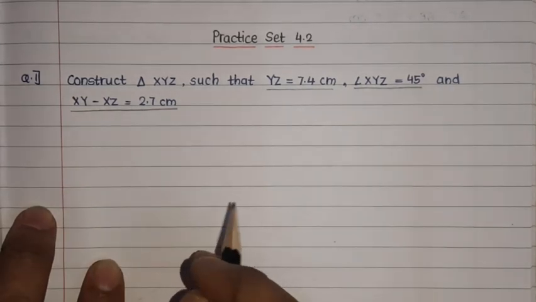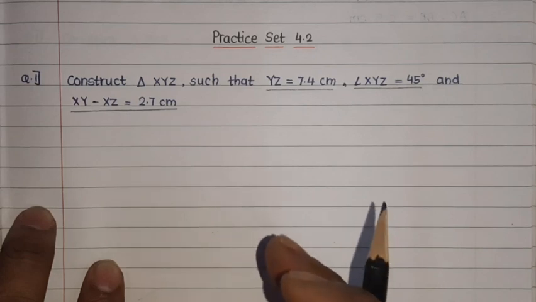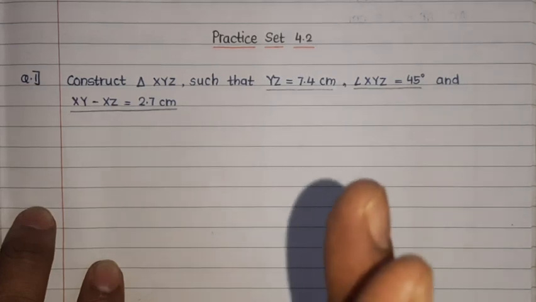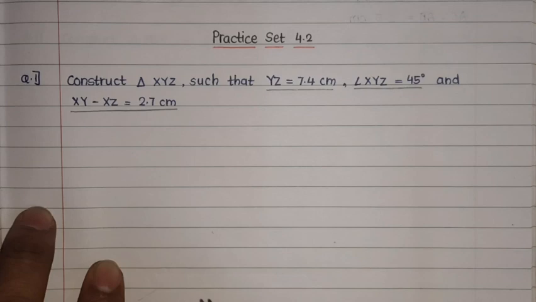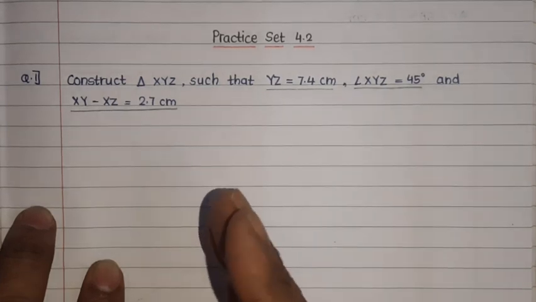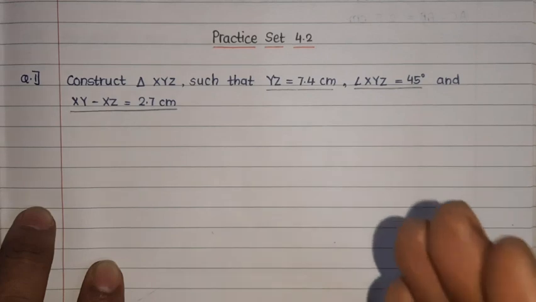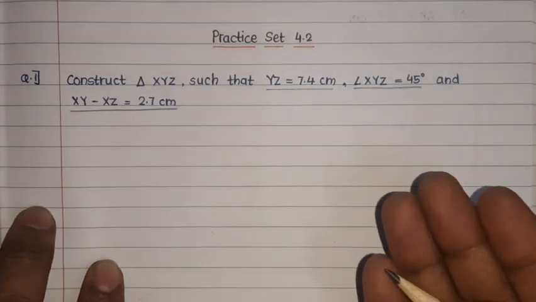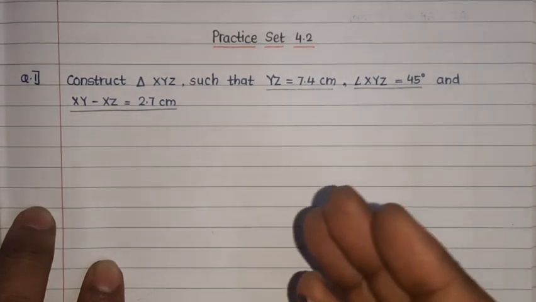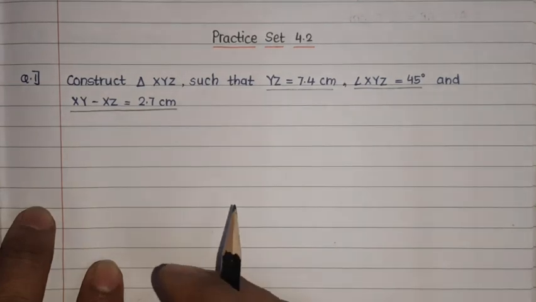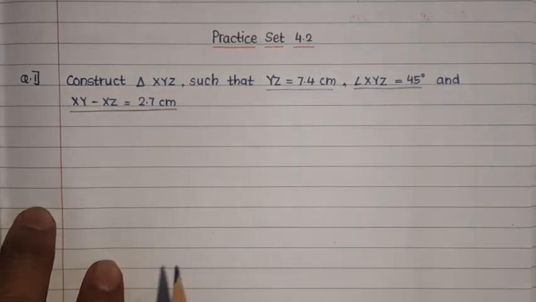Dear student, in this case I have already explained that there are two conditions. When the side opposite to the given angle is the greater one, and the other, when the side opposite to the given angle is less than that of the other side. Now how to find out this?